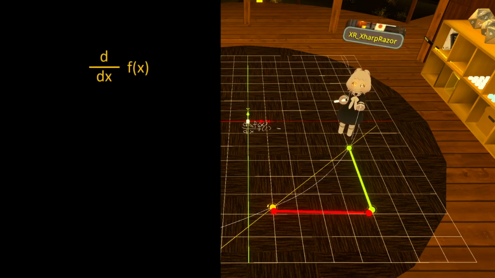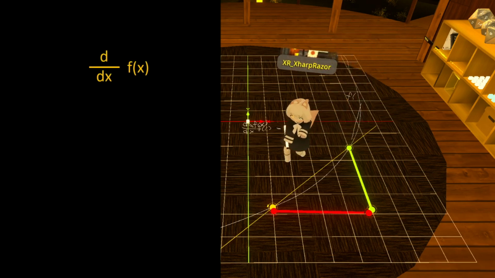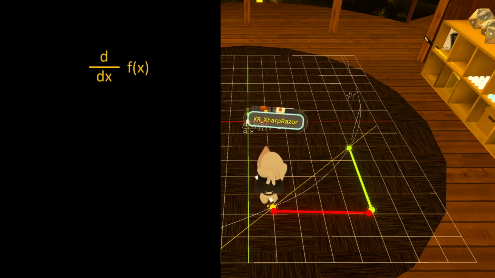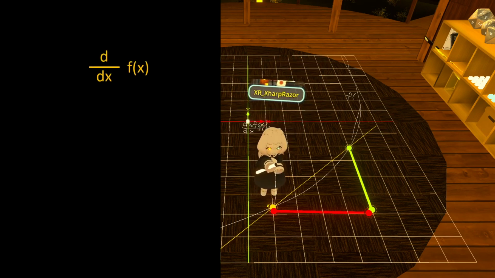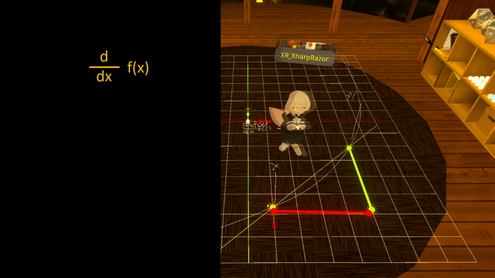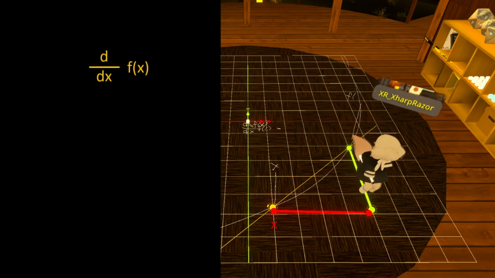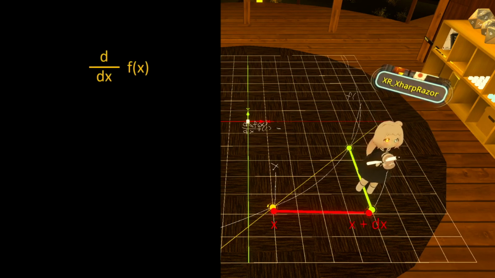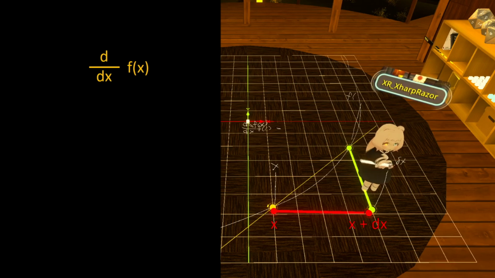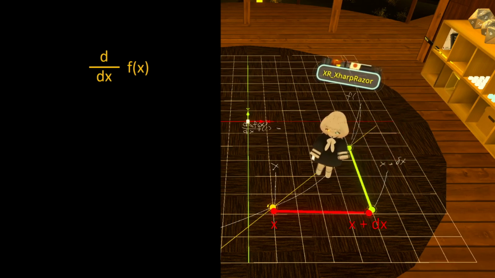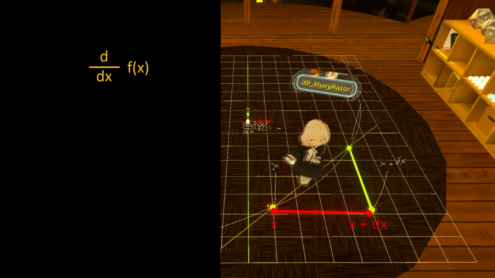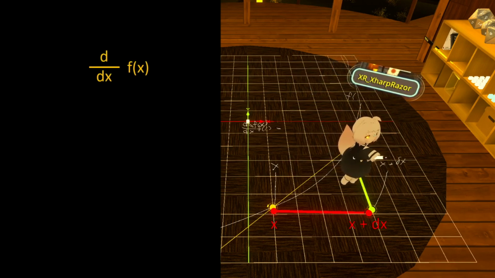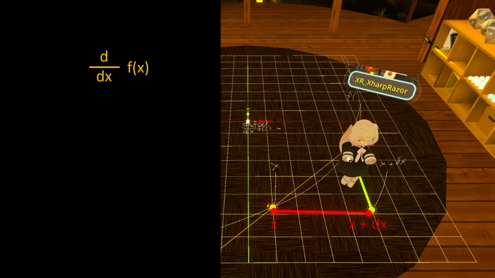Let's say the x coordinate over here is x. This one over here has x coordinate x plus delta x.